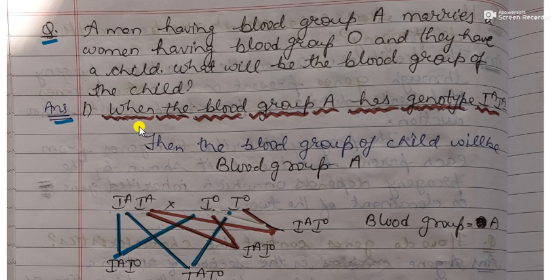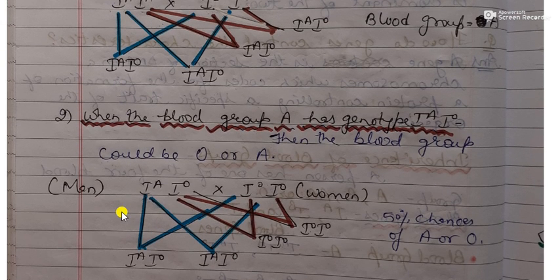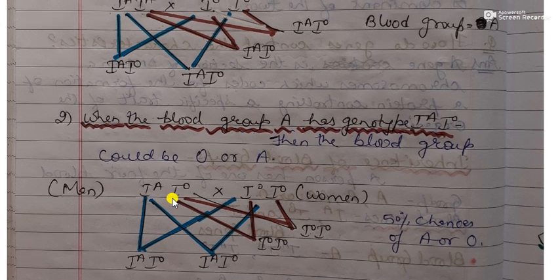Now there is one question: a man having blood group A marries a woman having blood group O, and they have a child. What would be the blood group of the child? When the man has blood group A, he could have the genes IAIA or IAIO.